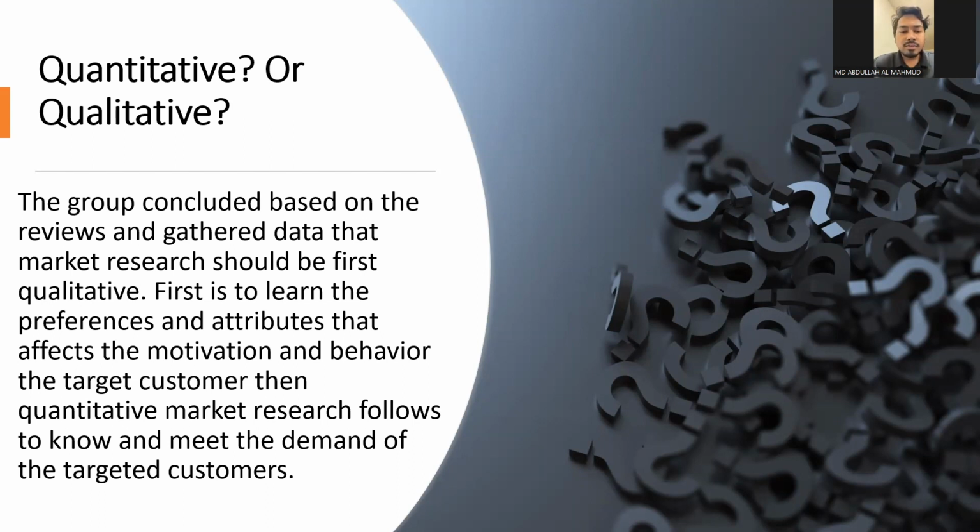It is often used to test hypotheses and generalize findings to a larger population. Examples of quantitative collection methods are surveys, experiments, observational studies, content analysis, and statistical analysis of existing data.